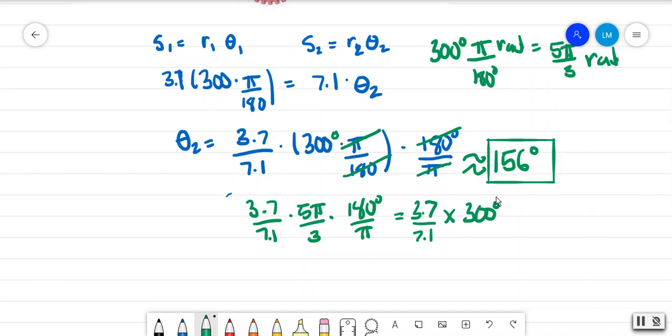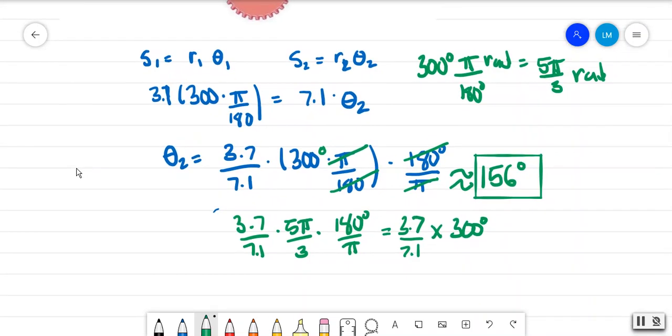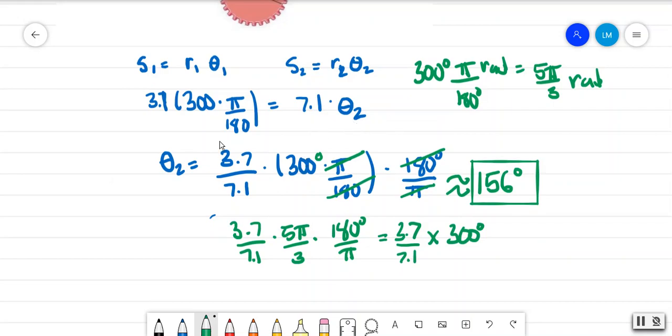So it gives you the same thing basically. I was just showing you that sometimes you do have to show at least the algebra you took to find the first angle, which was 5 pi over 3 radians.